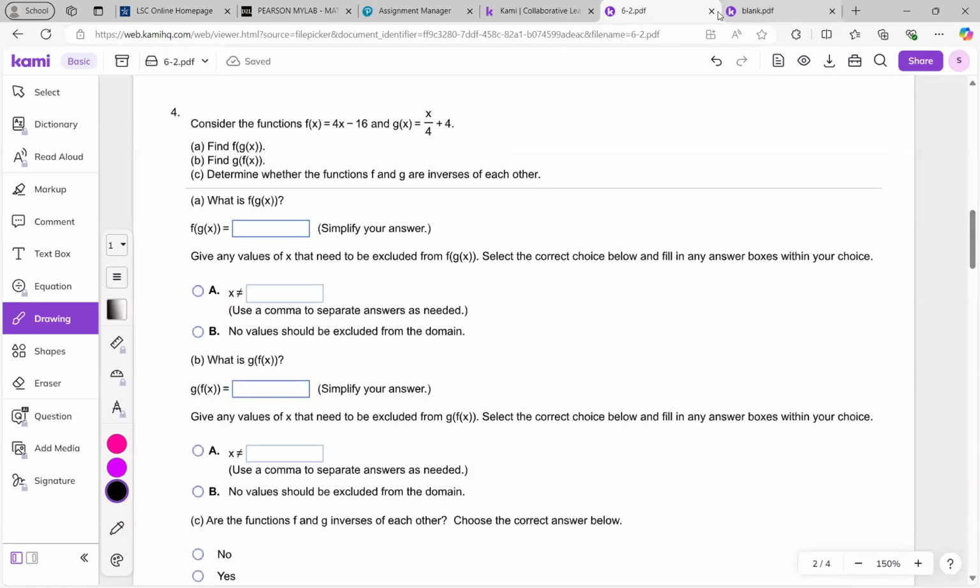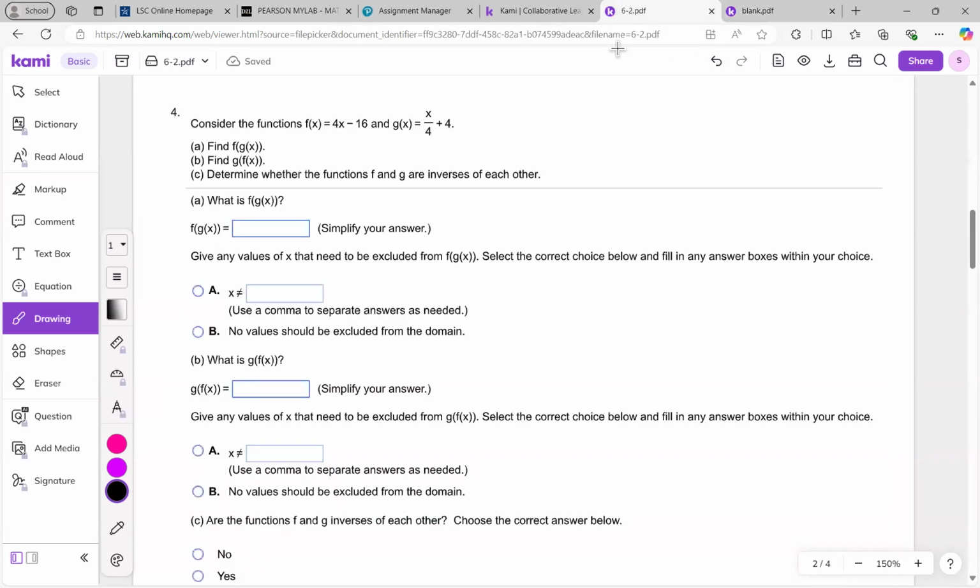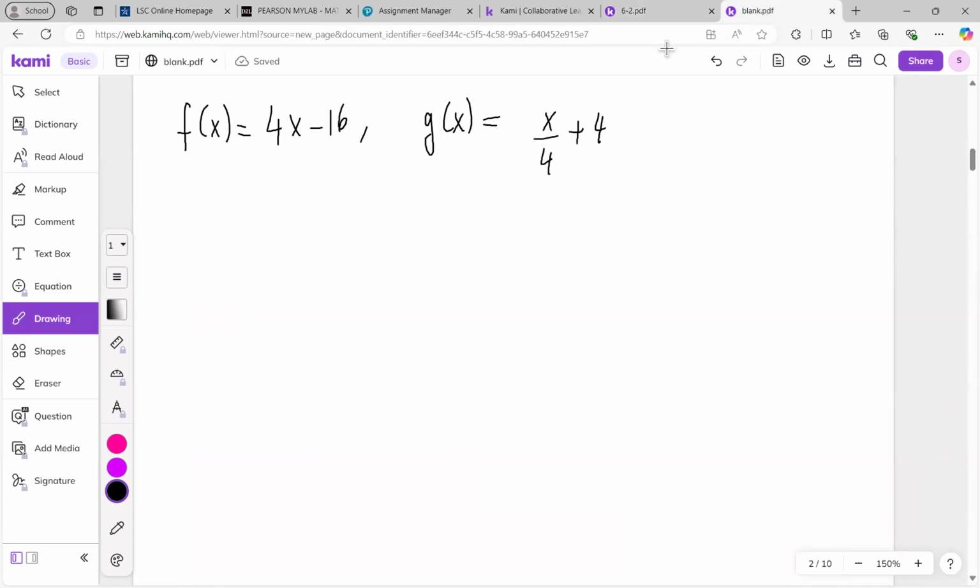So I need my f of x to be copied here. f of x is 4x minus 16, and g of x will be equal to x over 4 plus 4. So these are the two functions. First, let's find f of g of x. This means we're going to put the g function inside the f function. So here's my f function.